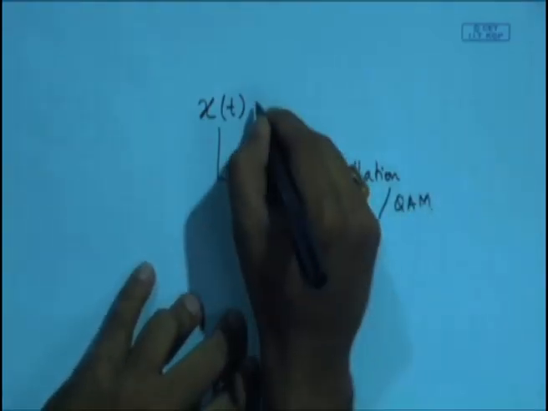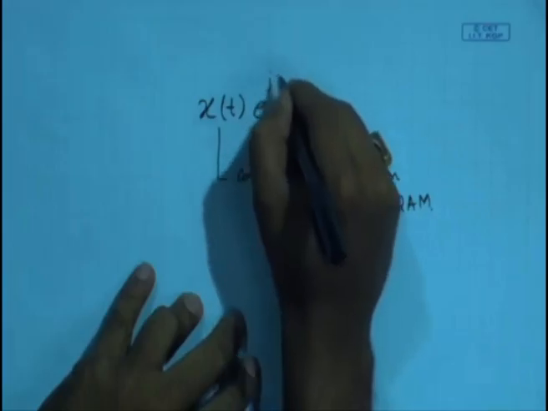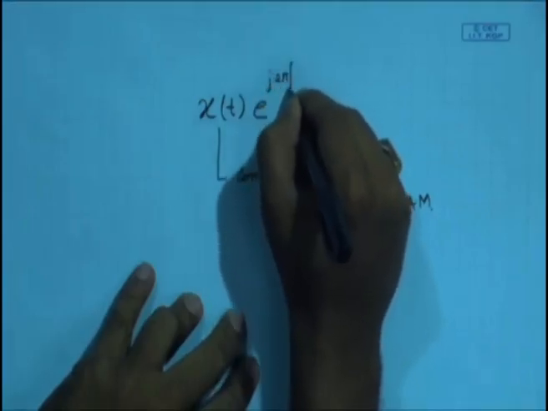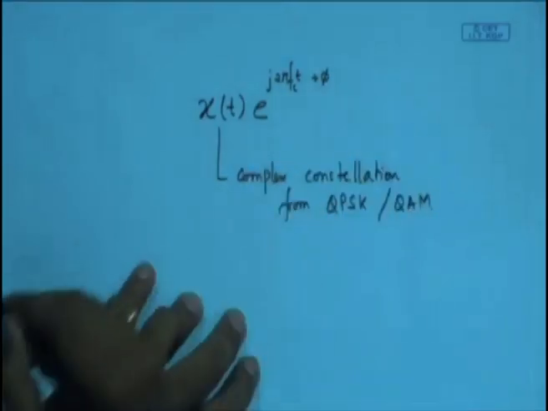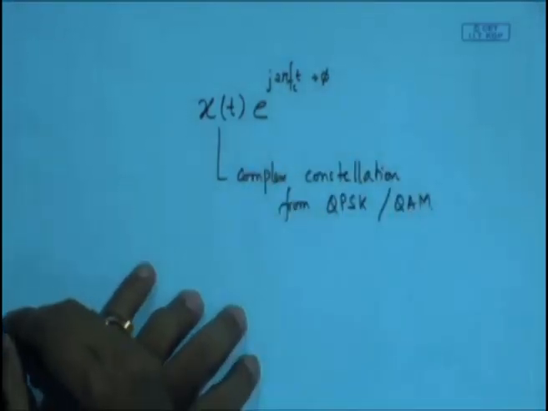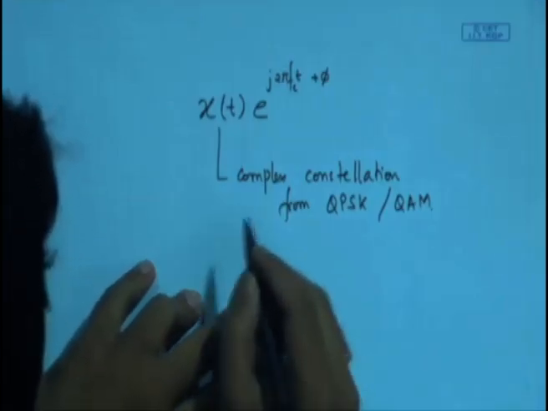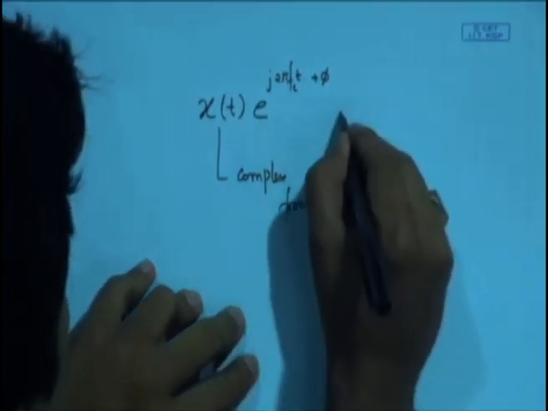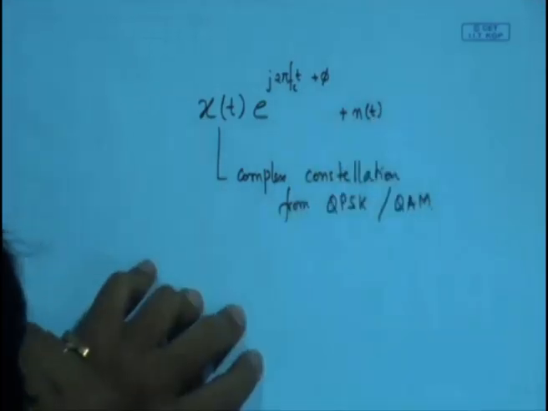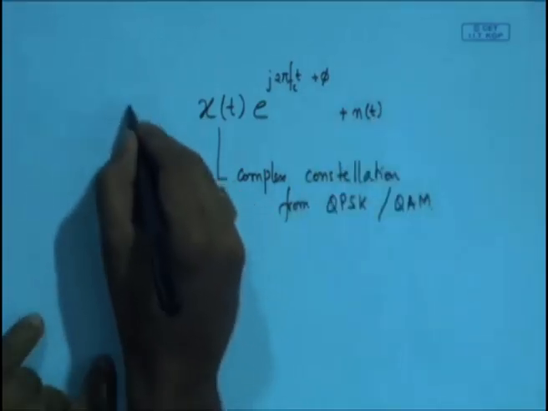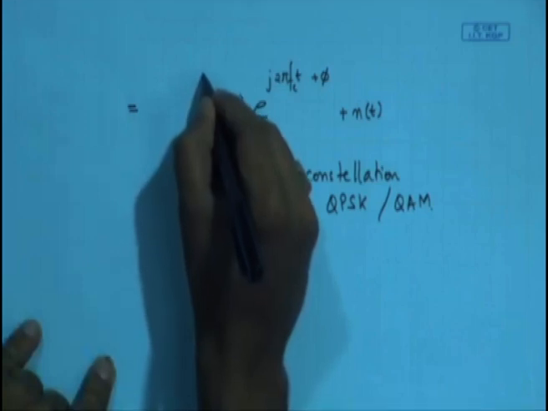At the transmitter, we would usually upconvert it to e to the power of j 2 pi f_c t, plus there could be a phase component involved with this. And at the receiver, there could be addition of noise. So, when we collect it at the receiver, we get r of t.